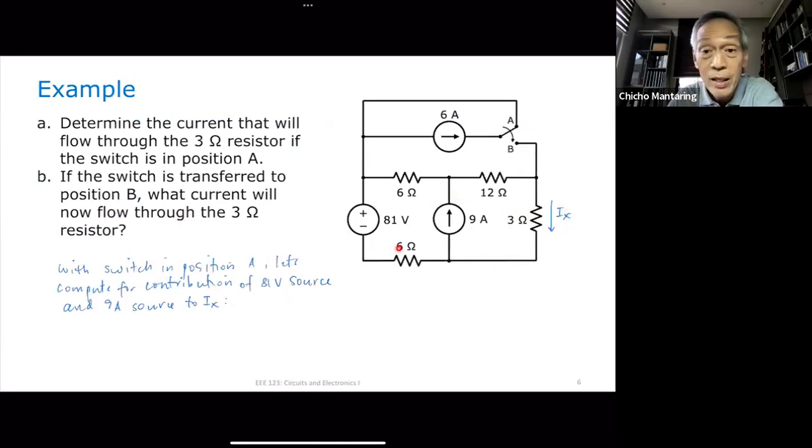So when I move my switch to position B, I can just suppress these two, get the contribution of the 6 ampere source to IX, and then add it to what I computed previously. In other words, that simplifies the solution of letter B if you already know the solution to letter A.